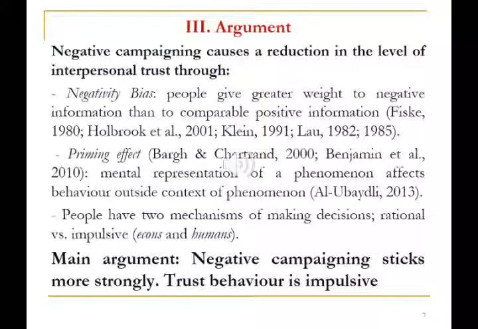But we know from, again, social psychology, and especially Kahneman and Tversky, that people have two mechanisms for making decisions. One is rational, but one is impulsive. And we think that impulsive meaning that you're less likely to use the usual power of your brain to assess a situation.